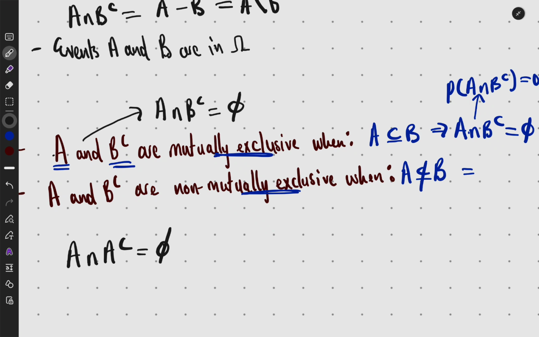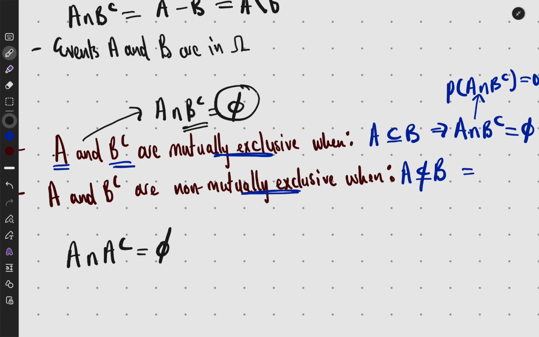Now that you have some basic background, some understanding of what causes them to be mutually exclusive, A and B complement. Okay, so that will be A as a subset of B, and that will mean that there is no way you find something in A which is not in B.